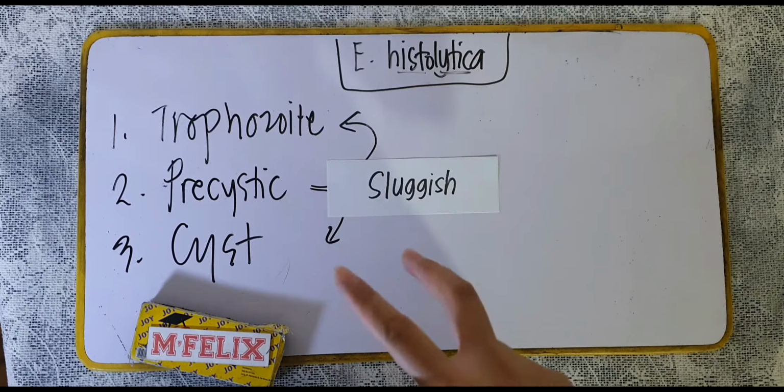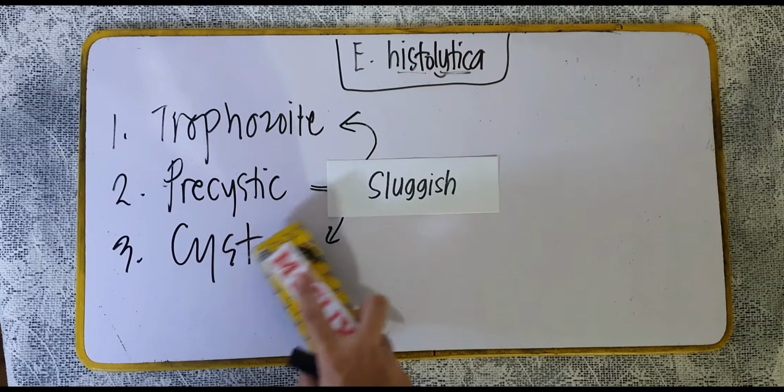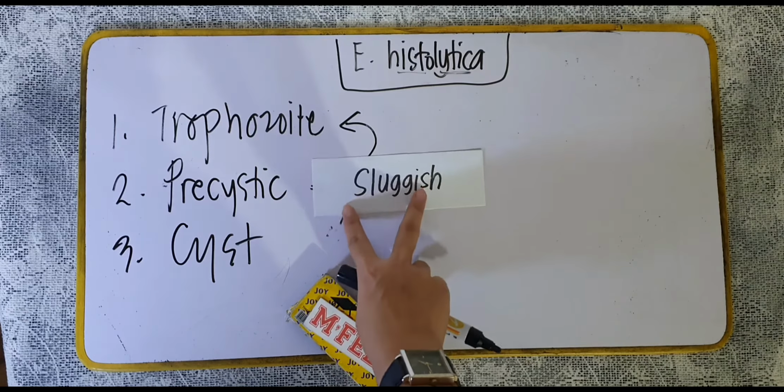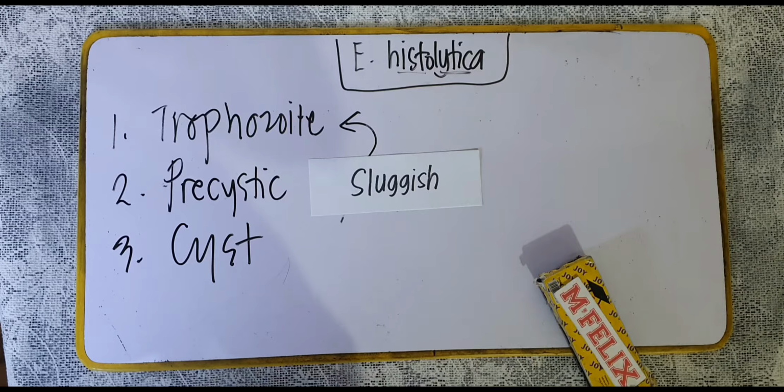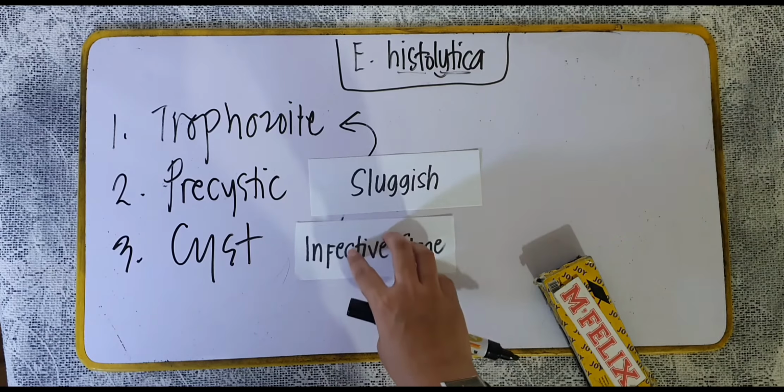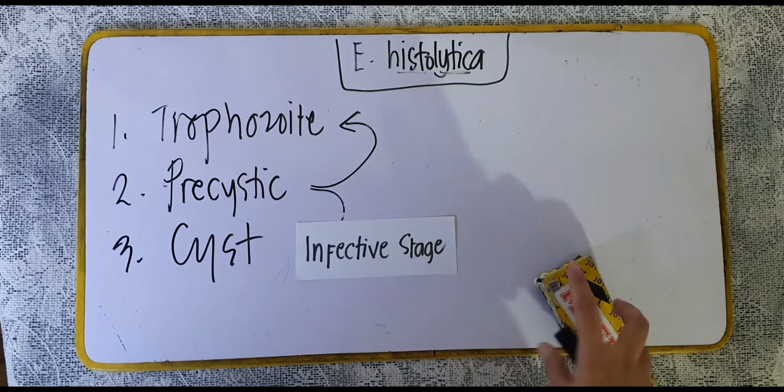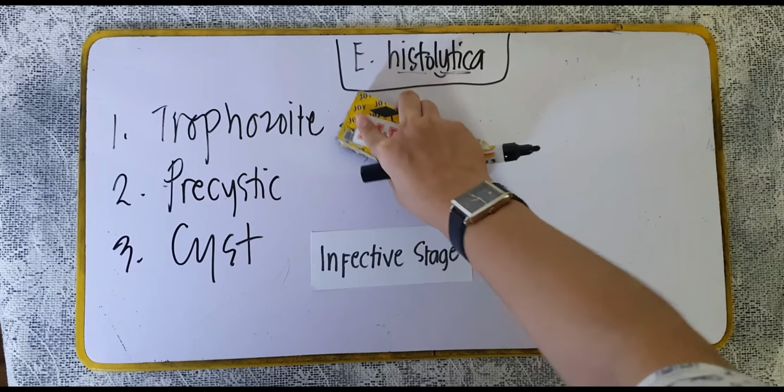And then we have the cyst. The cyst of E. histolytica is actually the infective stage of your E. histolytica infection.